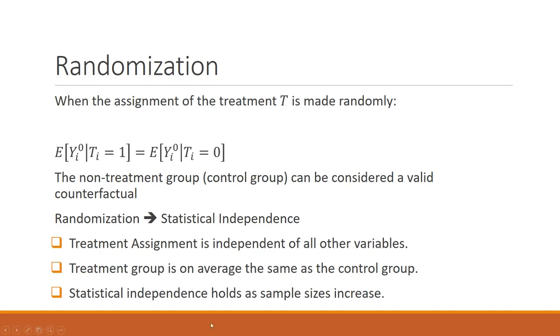Let's keep going. When I have randomly assigned the treatment, that means I've randomly selected who gets the treatment and who doesn't. I should have what's called statistical independence. Statistical independence means that the treatment group is the same as the control group on average. All right.